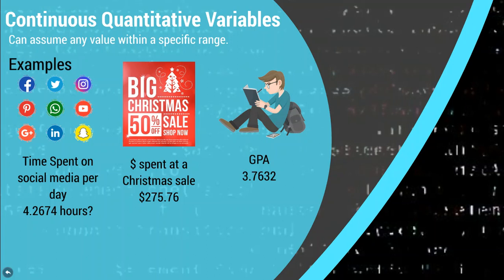You could spend 4.2674 hours in the day utilizing social media, or the amount of money that you spent on a Christmas sale, $275.76. There's not that meaningful gap in between the whole numbers. Or the GPA. There's not that meaningful gap either. There's that range of 0 to 4 or 5 or 6 or whatever your GPA scale was.